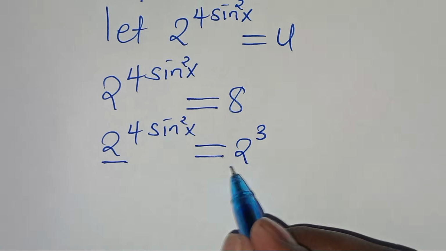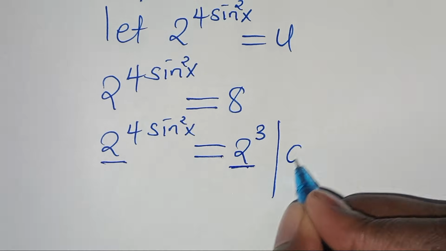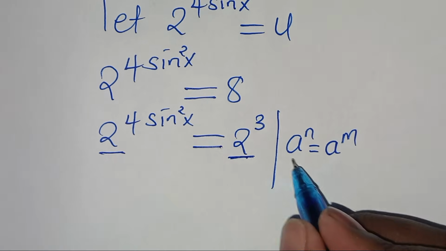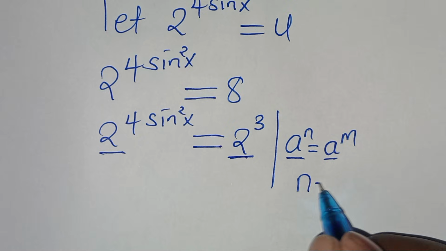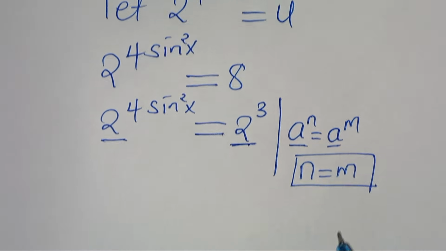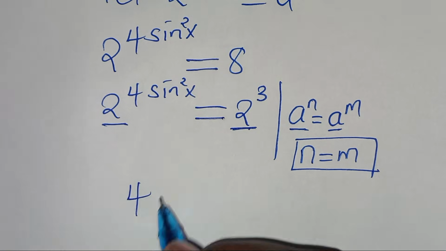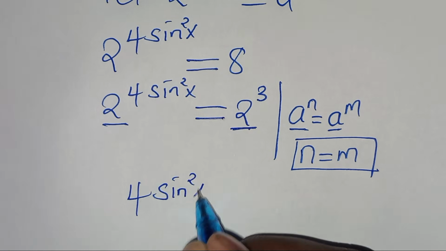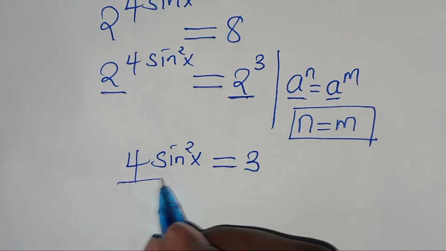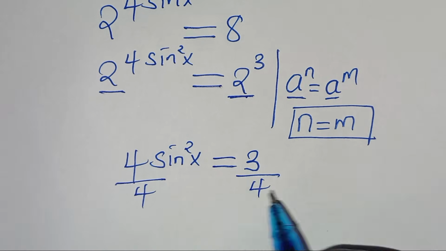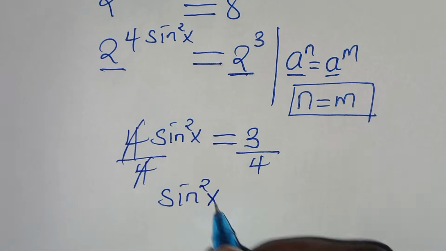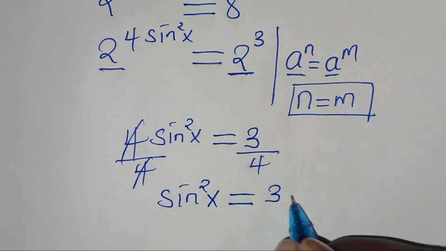Since the bases are common, that is a to the power of n is equal to a to the power of m, the exponent n should be equal to m. Applying this property, then we have here 4 sine squared x is equal to 3. So let's divide both sides by 4, so that now sine squared x is equal to 3 over 4.